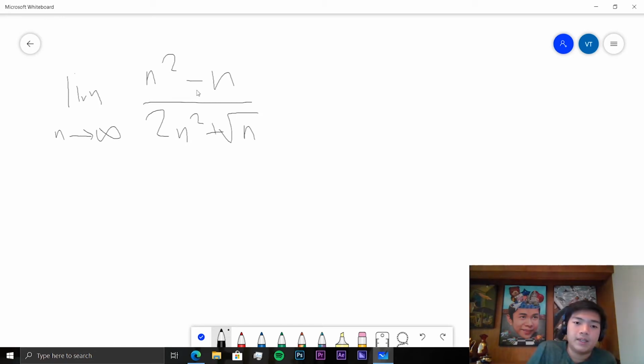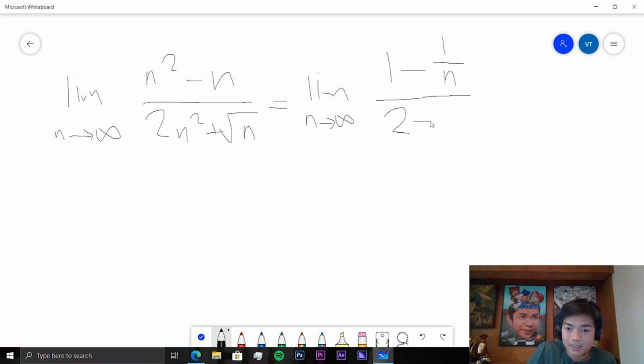Well, if we divide both the top and bottom by n squared, we get 1 minus 1 over n, over 2 plus n to the negative 1/2, so 2 effectively plus 1 over the square root of n.